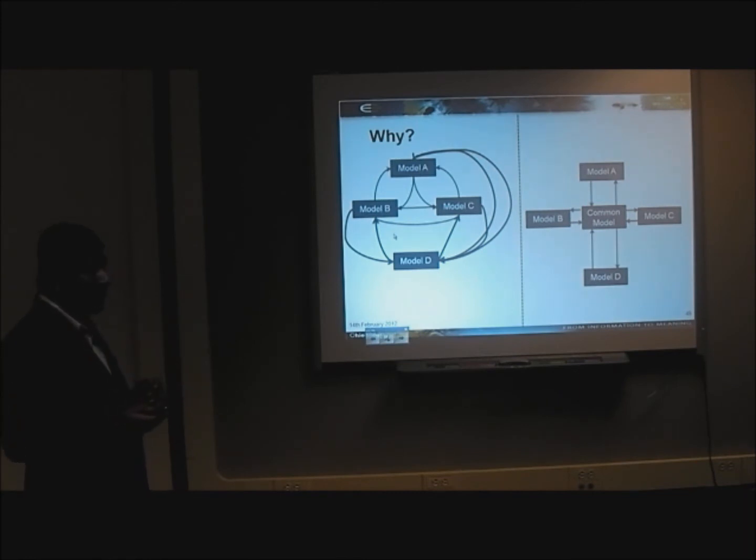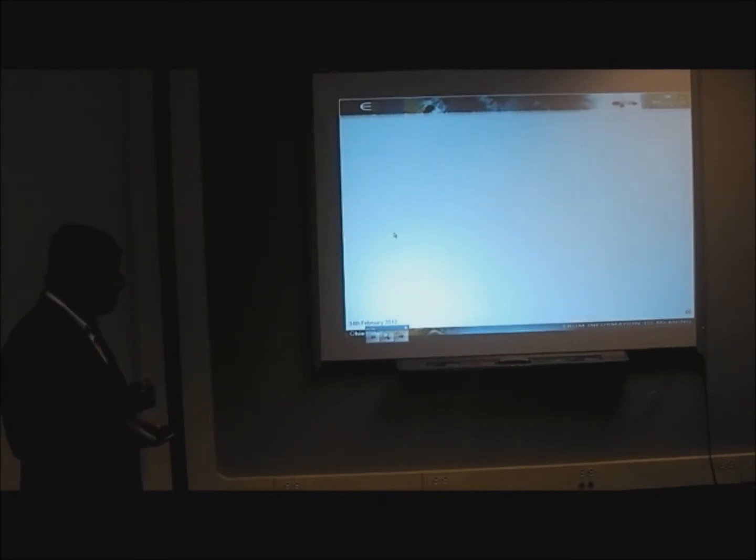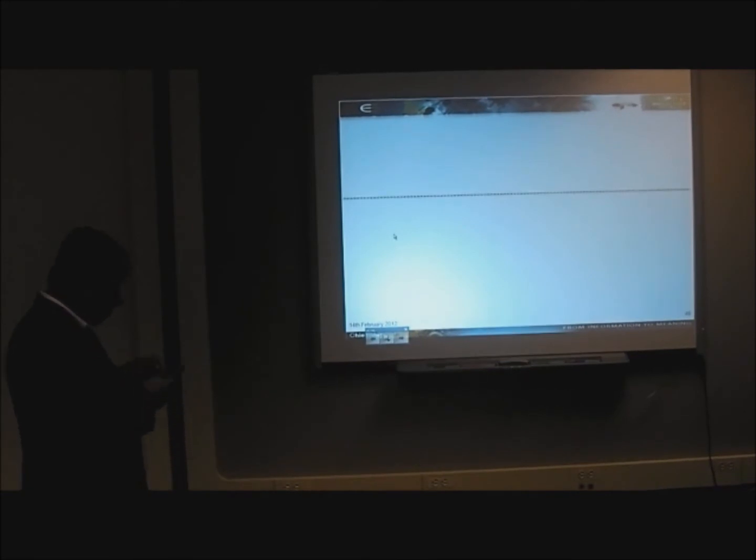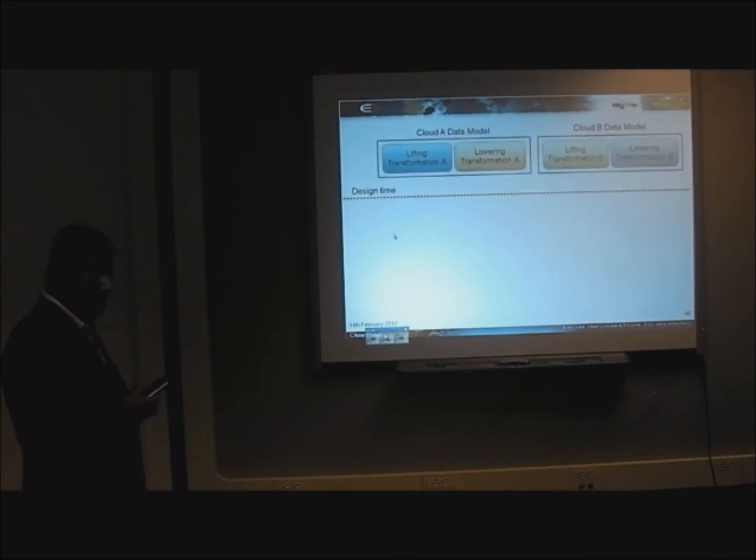How is this going to be useful for us? The point is that since we start with data abstractions, we get to create our lifting and lowering transformations at design time. So our compilers generate these lifting and lowering transformations, right?